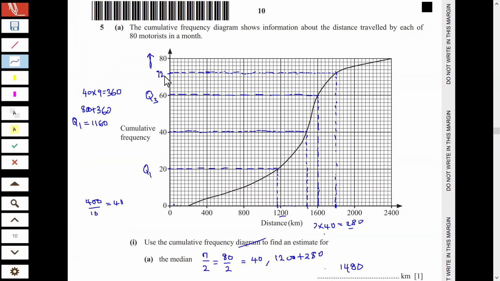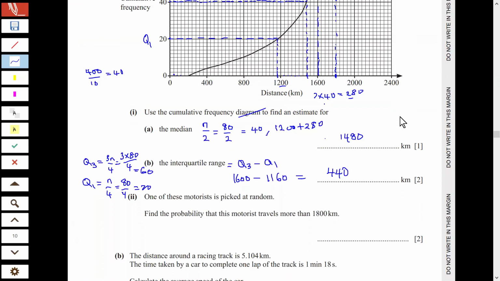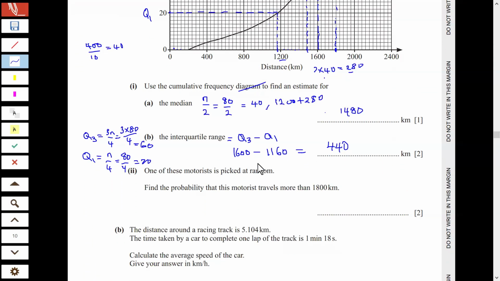So to find that exact value, we have to subtract 72 from 80. So this is going to be 80 minus 72, and that's going to be 8. So 8 out of the total, the probability will be 8 over 80. And 8 over 80 in simplest form will be 1 over 10.